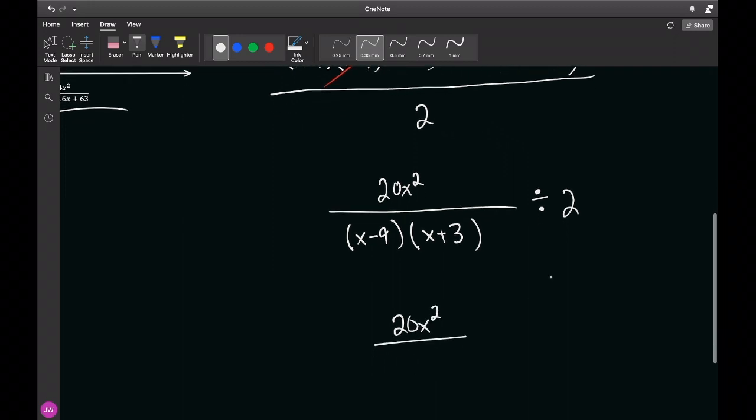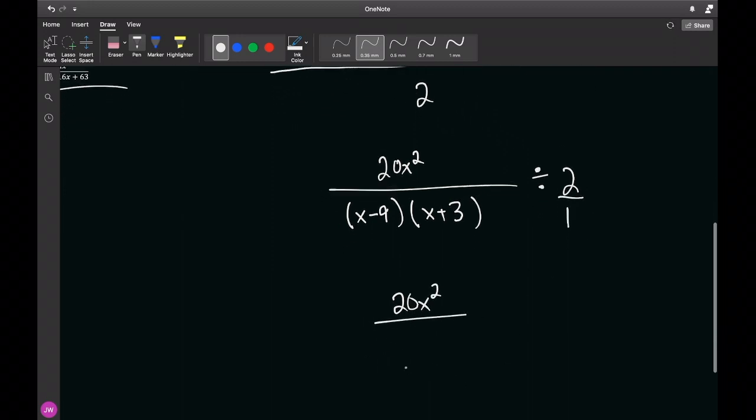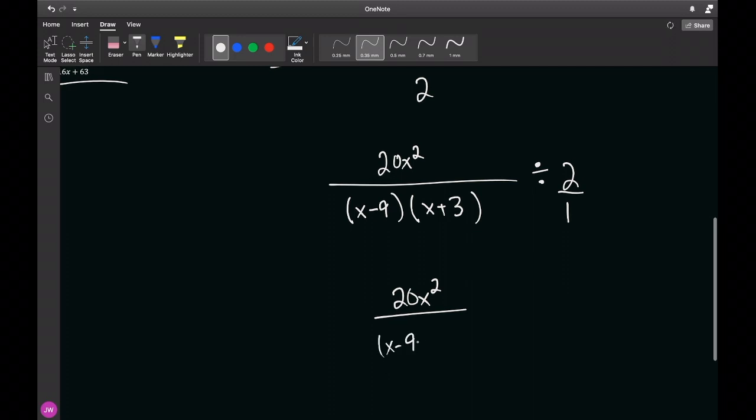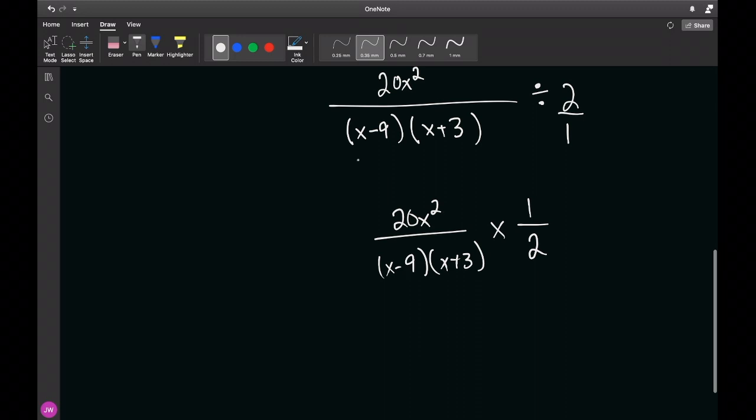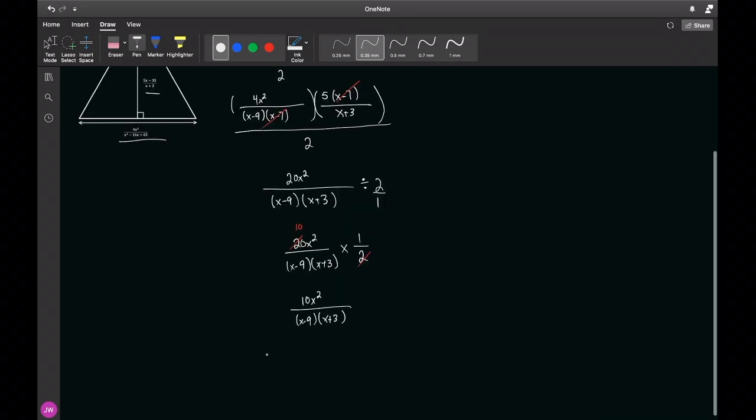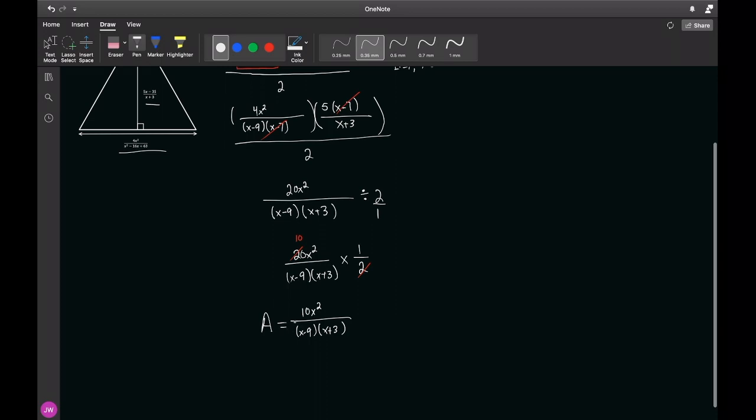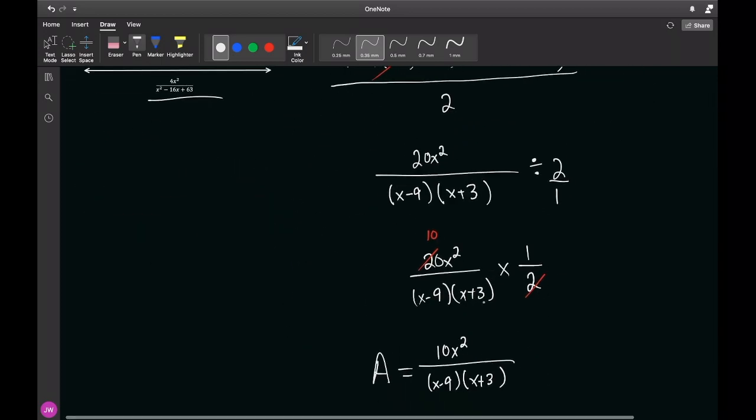Whenever you divide, we're going to want to flip and multiply, times 1 over 2. We can reduce this to 10, right? Now we're going to be left with 10x squared divided by x minus 9 and x plus 3. So this is what the area of this triangle is equal to in simplified form.